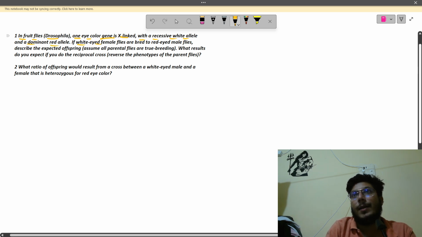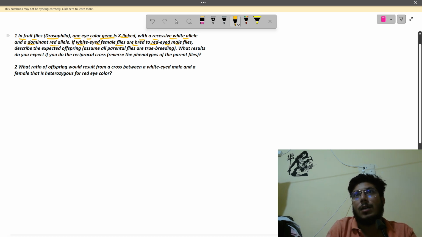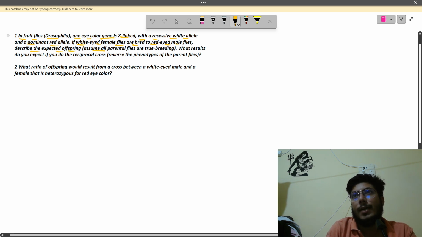If white-eyed females are bred to red-eyed male flies, describe the expected offspring, assuming parental flies are true breeding. The second portion of the same question says, what results do you expect if you do the reciprocal cross, reverse the phenotypes of the parent flies?